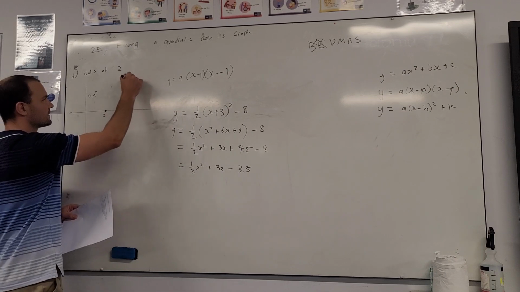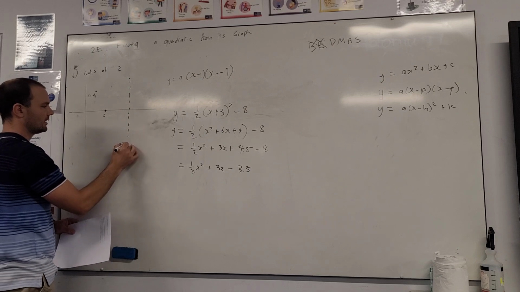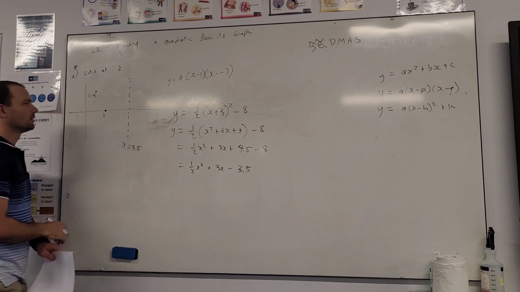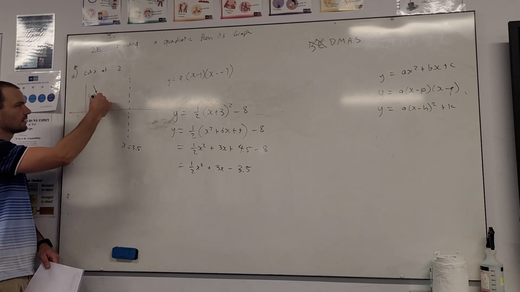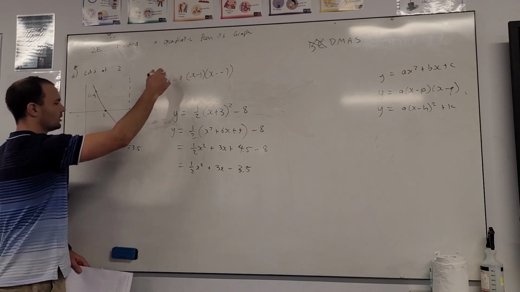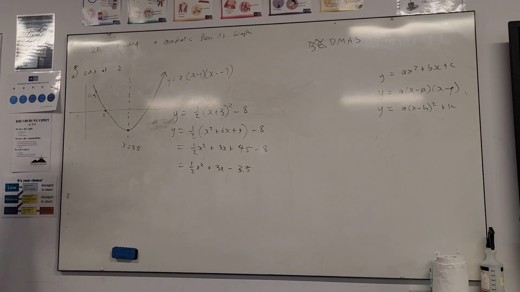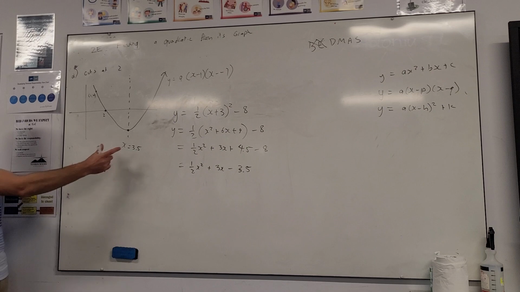So the axis of symmetry is this line here. The only way a parabola can satisfy this is like this, right? We're told the x coordinate of the vertex, the axis of symmetry, x is 3.5.